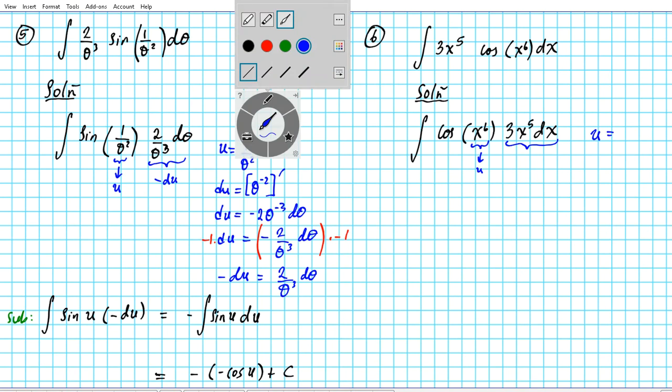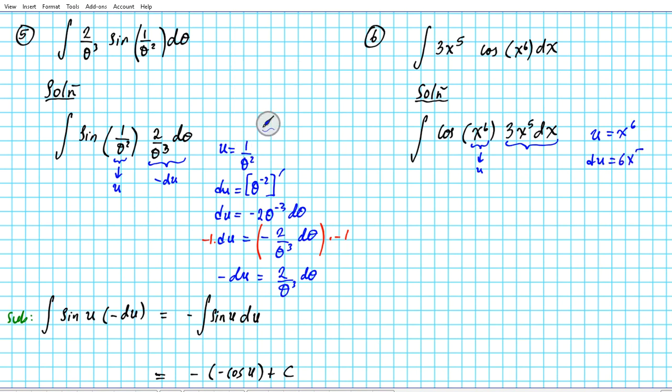U is x to the sixth, so let's differentiate. When we differentiate, du is going to be 6x to the fifth dx. So what do you notice about the relationship between du and this component here, 3x to the fifth dx? The du is 6x to the fifth dx, so it's basically double what this is, right?